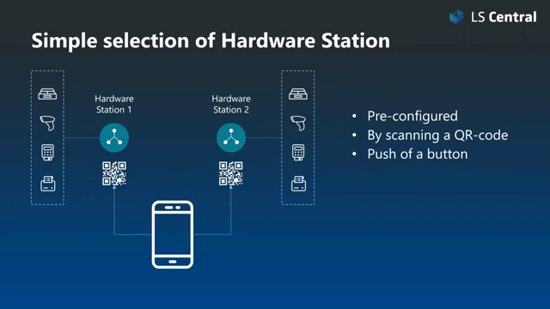When that is scanned, the hardware profile that the POS uses is switched. And this can even be programmed to a button on the POS, so the user can simply press a button to switch over to another hardware station. So with this, the POS can easily switch between a number of hardware stations in your store, which can be a good feature to have.